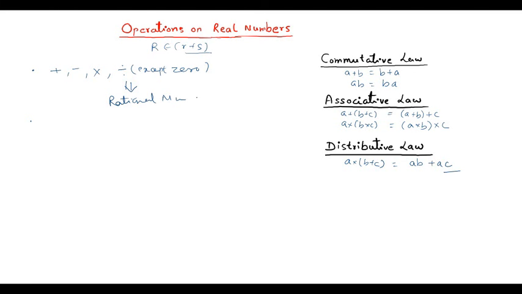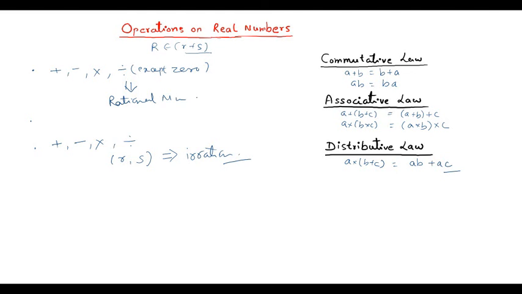And if we add, subtract, multiply, or divide a rational and an irrational number, then we will always get an irrational number.